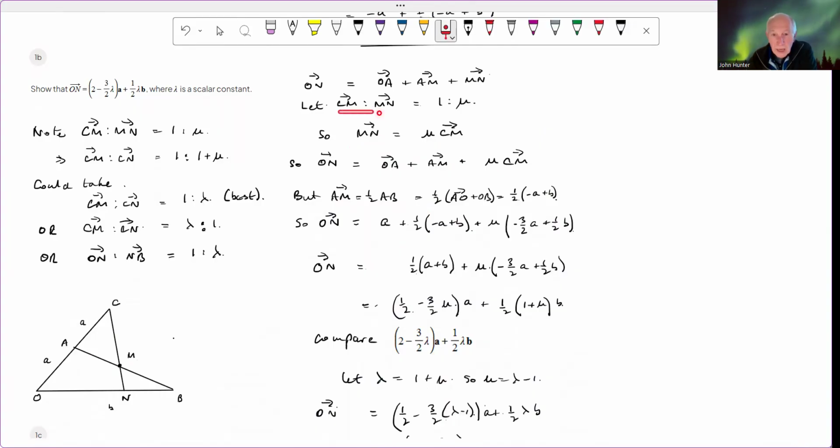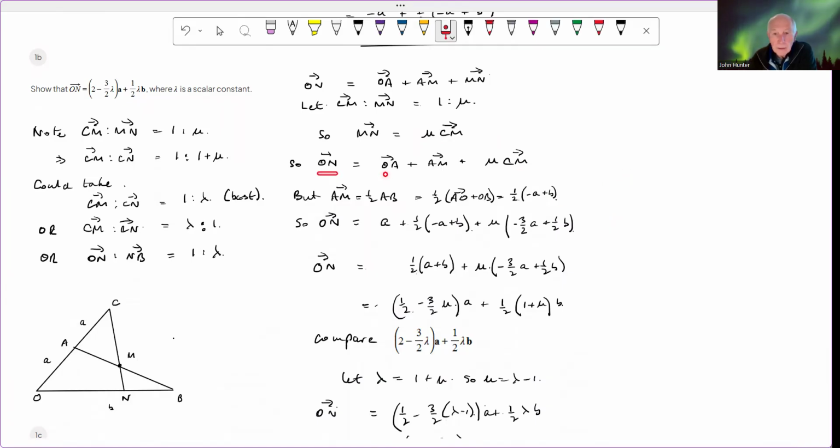So they're in proportion. I've said that CM to MN equals 1 to mu. That's the assumption I've made, and that therefore gives us that MN is mu CM, where we know CM, we've just calculated it in part a. So let's work that through, and with any luck, our mu will be our lambda here, and all will be well.